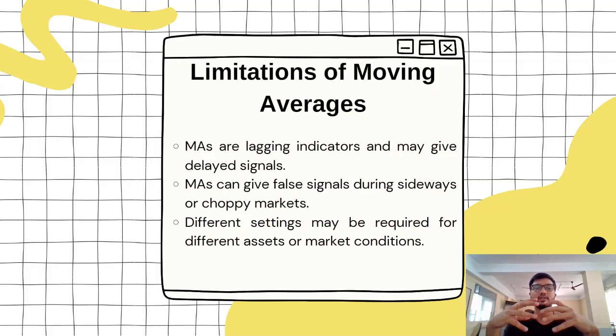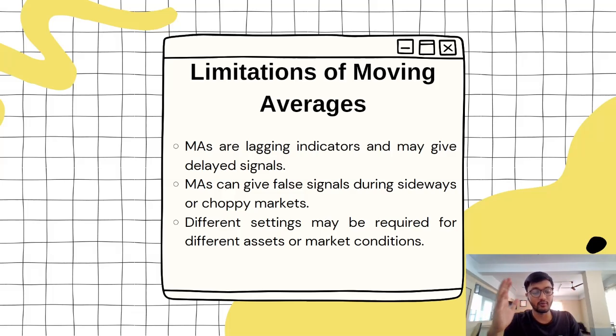So there is an uptrend, there is a downtrend, and there is a consolidation phase. Consolidation phase is when the price is moving in a range and it's not able to break the range. So in this particular scenario, try to avoid taking trades.